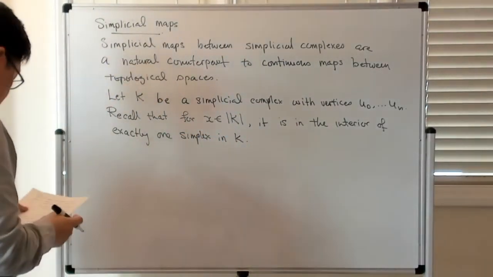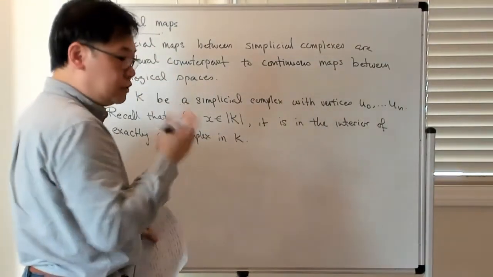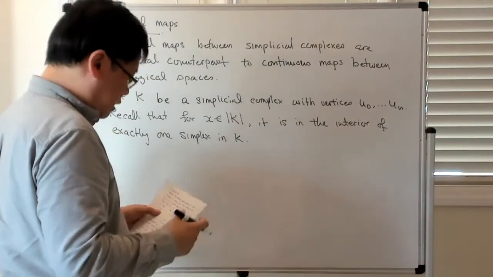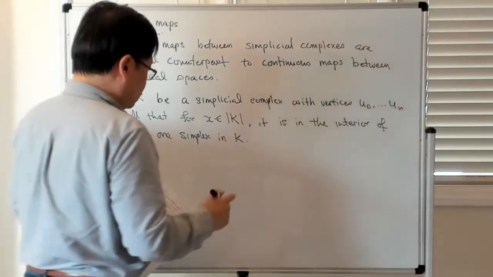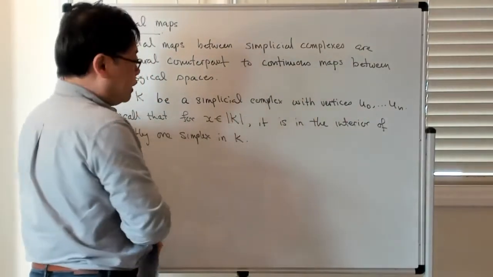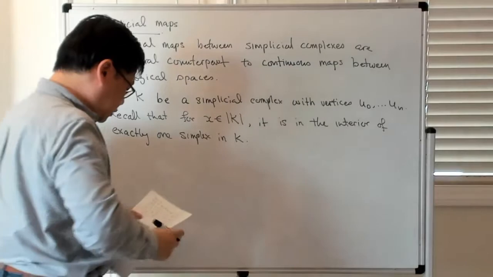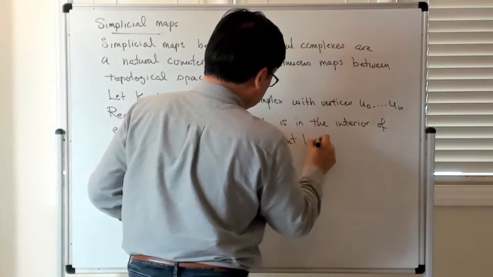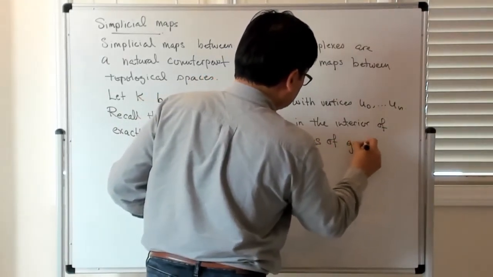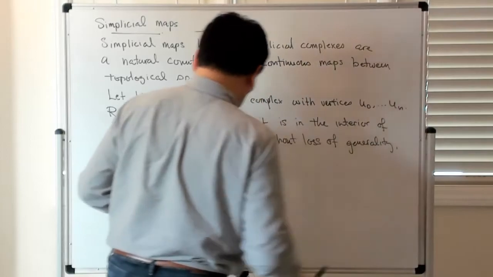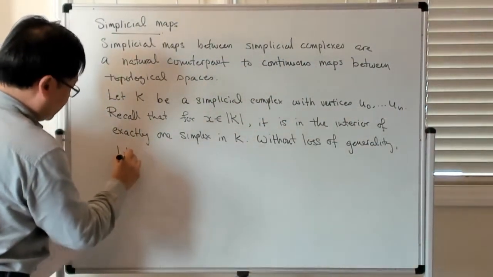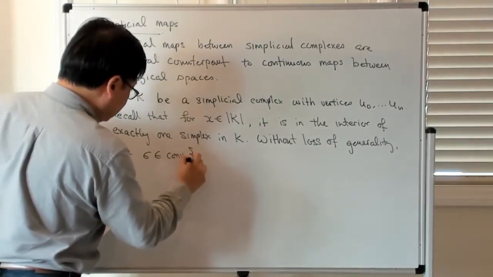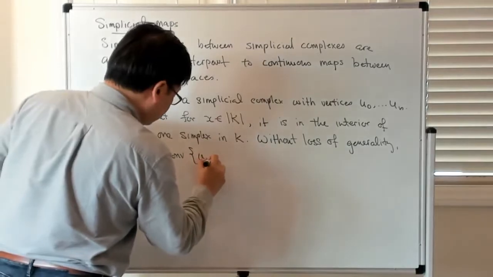Okay. All right. So let's just assume, without loss of generality, that this particular simplex is spanned by U1 to UK. And you can, of course, renumber the vertices, so you don't really lose anything by doing that. So let that simplex be the convex hull of U0 all the way up to UK.